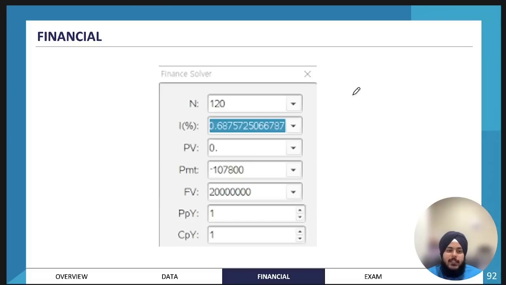And then the PPY and the CPY are just the number of compounding periods in a year. So how many times the interest is compounded, which is CPY, and how many times the principal is compounded in a year, which are usually always going to be the same.